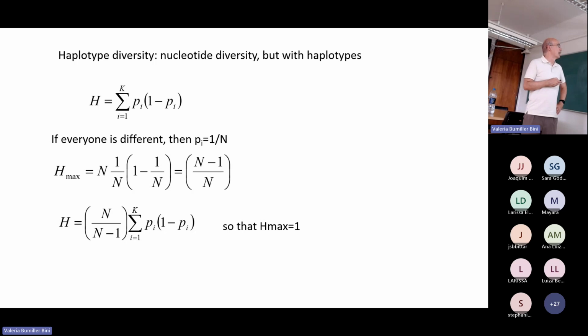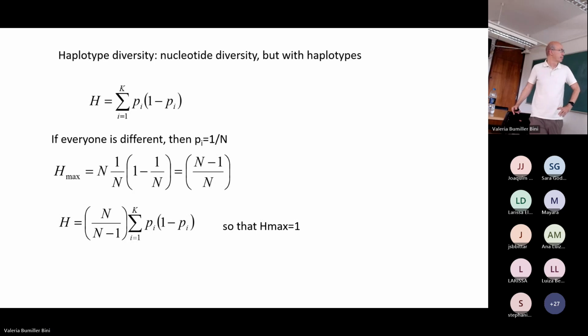If we have k different haplotypes, then it can be shown quite easily that the haplotype diversity goes like this.